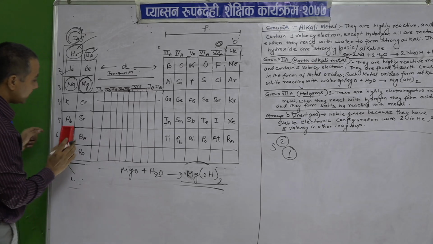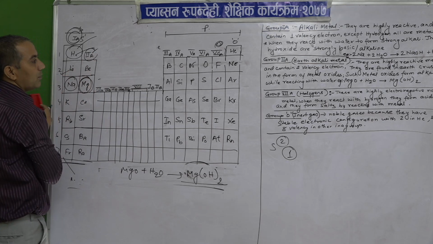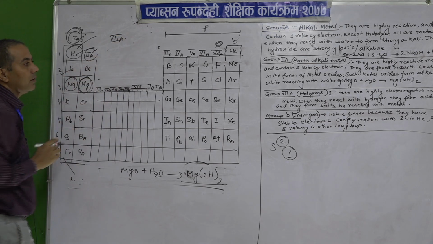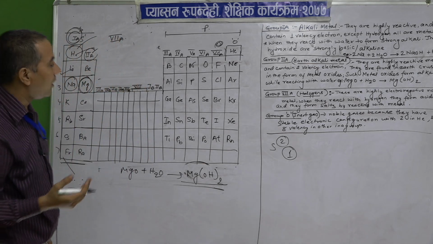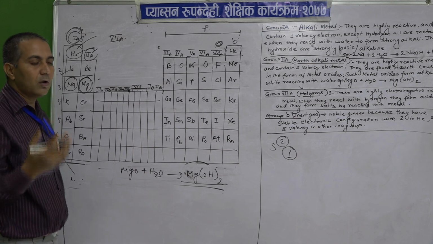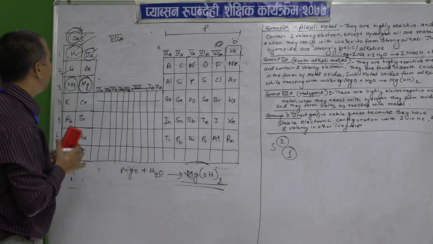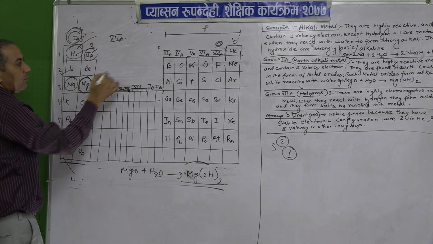I will rub this one out, it is needed afterwards, sorry. Therefore, 7A group. Yesterday we wrote group 17. In the old periodic table and the modern periodic table we will find it like that, or in the long form of the periodic table both are written.